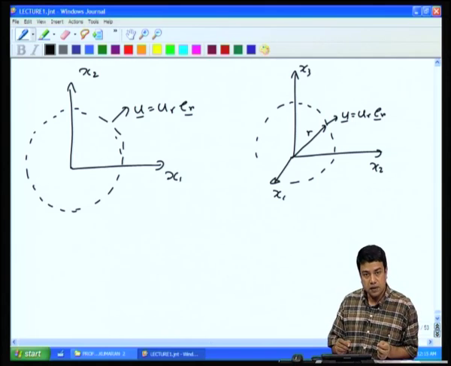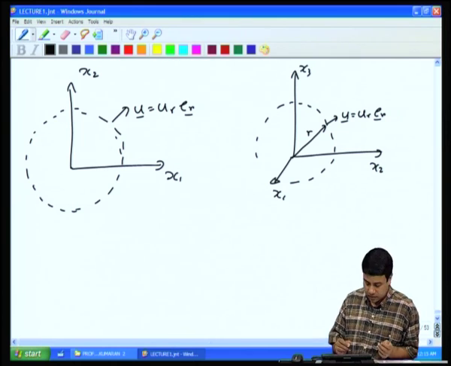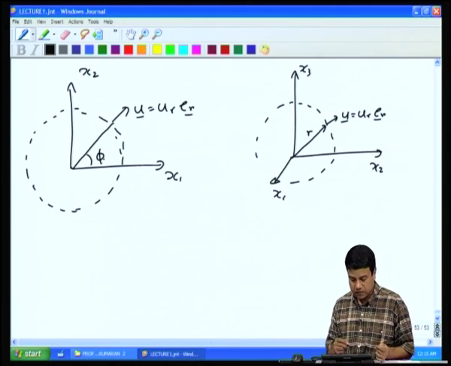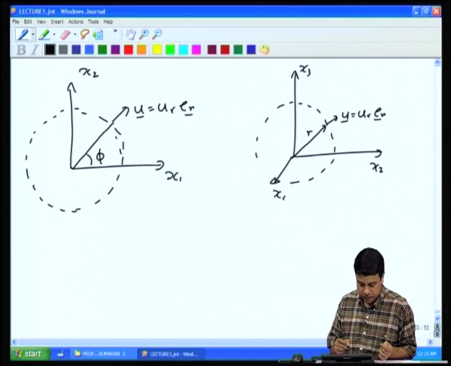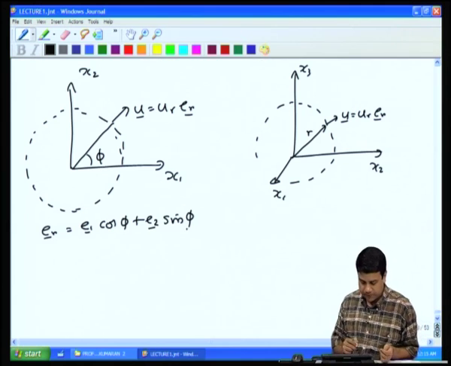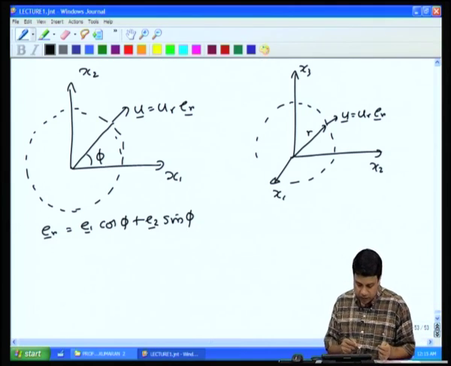Now, this e_r vector can be resolved in terms of its 2 components. So, if this is the angle made with respect to the x1 axis of this radius vector, then you know that e_r is equal to e_1 cos phi plus e_2 sin phi. e_phi is perpendicular to this.